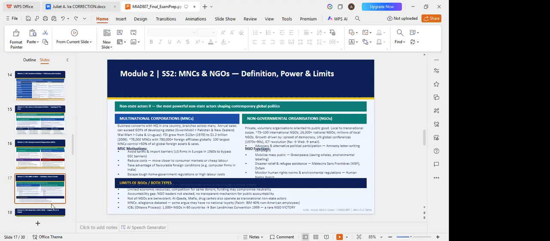They fill the gap where the government is not able to perform. Okay, that was the point. Another person? And they are non-profit in nature.